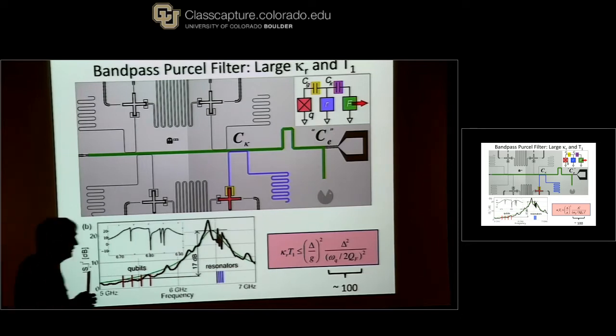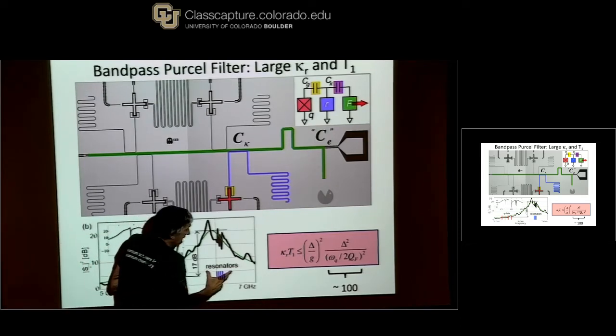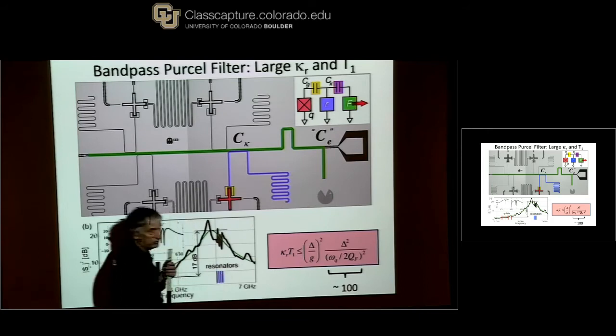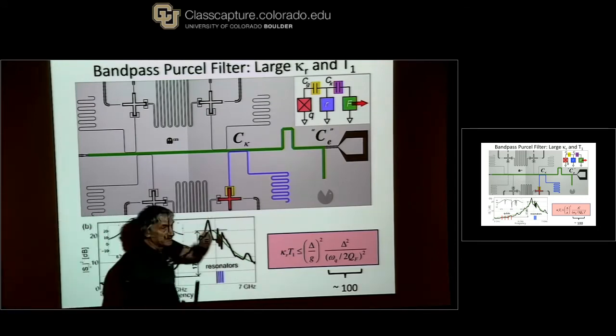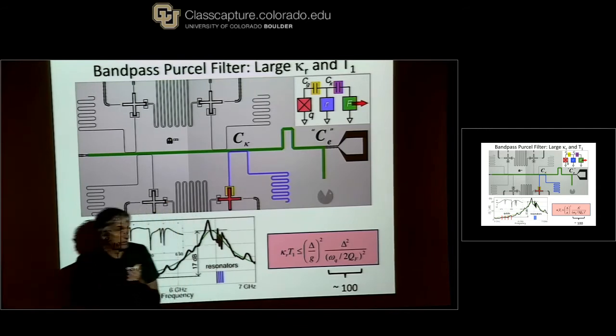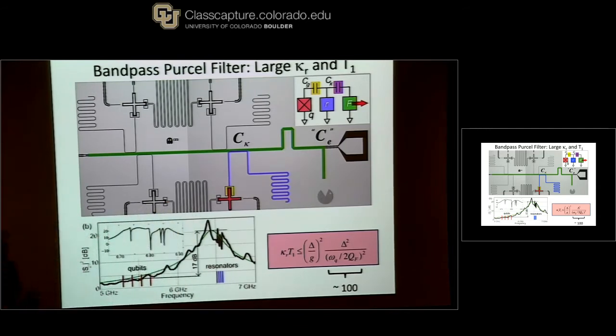But for frequency multiplexing, you want to have 300, 400, 500 megahertz of bandwidth. And that means that the typical Josephson parametric amplifiers, which have maybe 5 or 10 or 20 megahertz of bandwidth, are really not good enough. So you have to build this special thing, which is something we developed for this experiment.